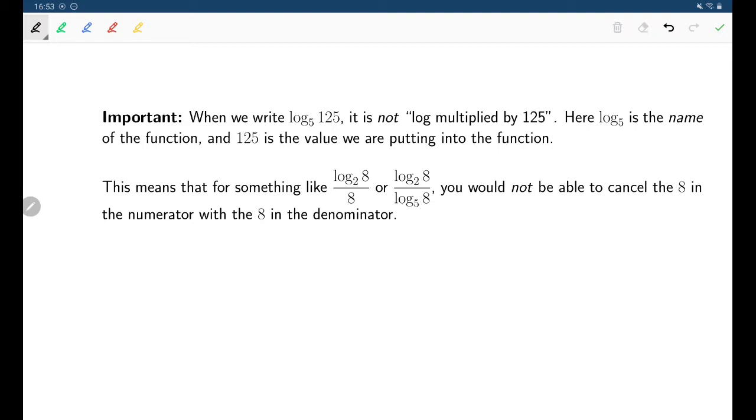So if we're thinking about these, log base 2 of 8, that's one single entity. Log base 5 of 8, that's its own single entity. It's not two things multiplied together. And because it's not two things multiplied together, the 8 is not some sort of a common factor that can be canceled out.